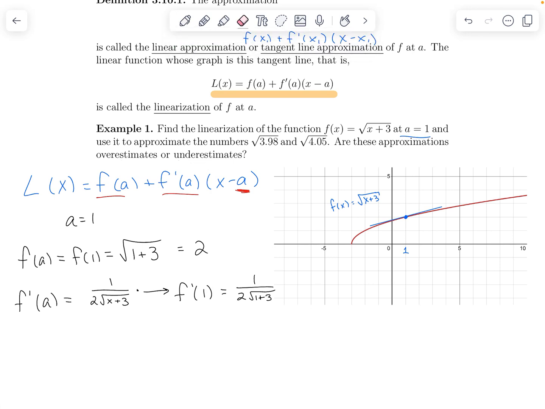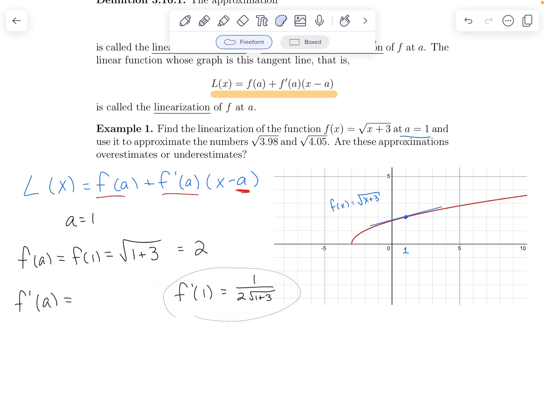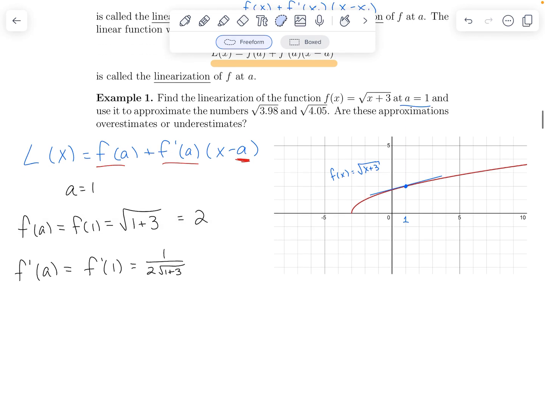So let me erase some of this. If I take my derivative and plug in a 1, I'm going to get 1/4.